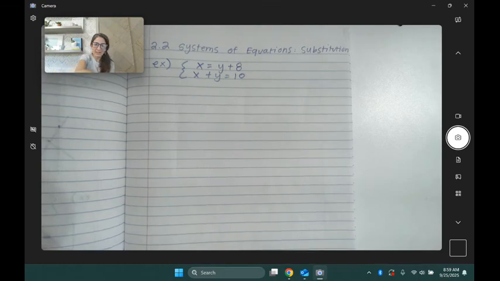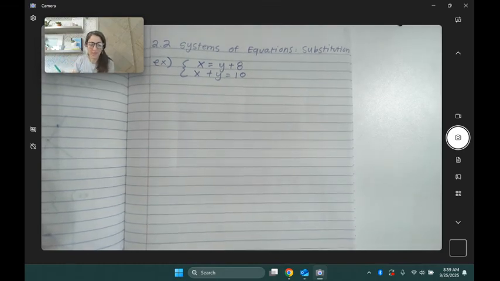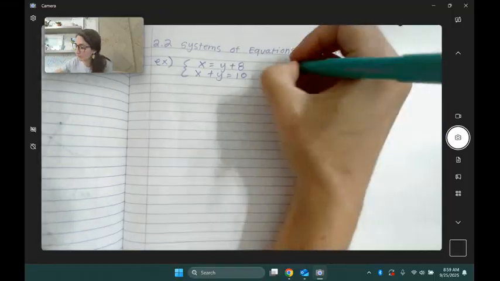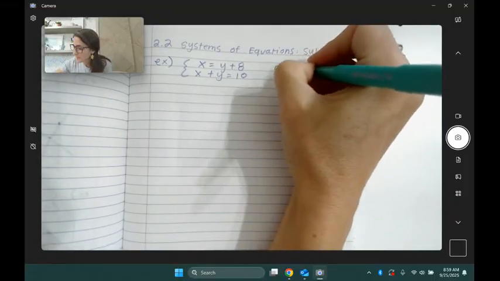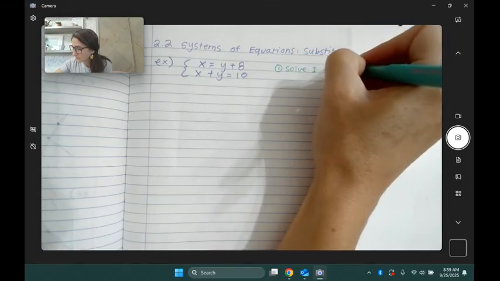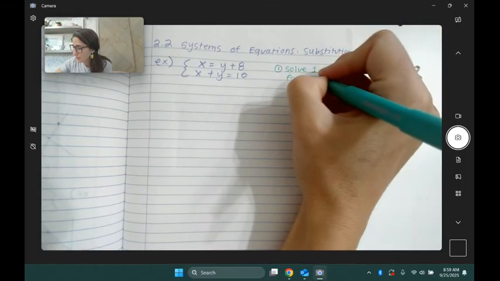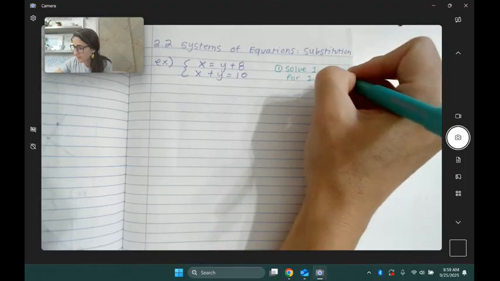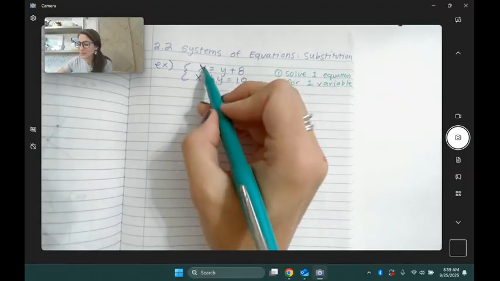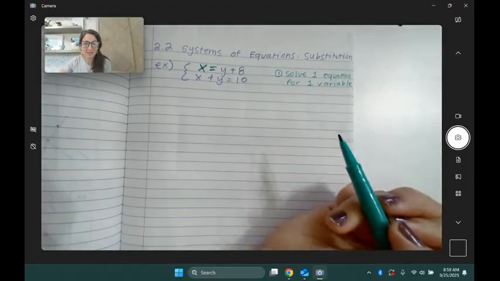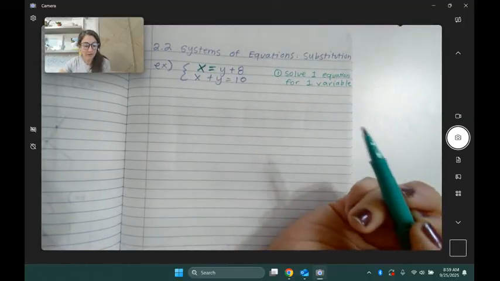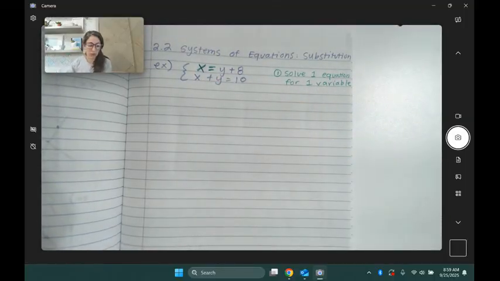So with substitution, step number 1, you want to solve one equation for one variable. That's already done in this one with my first equation, x is alone. We've solved one equation for x, for one variable. So that step is already done.